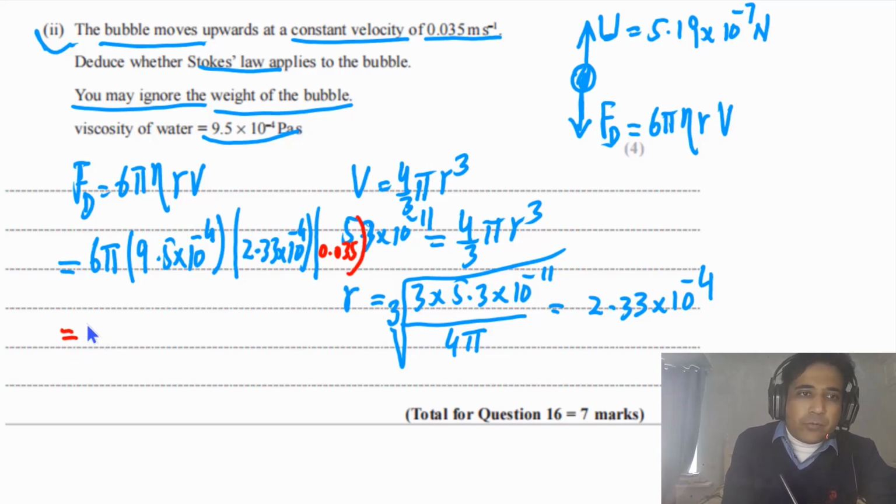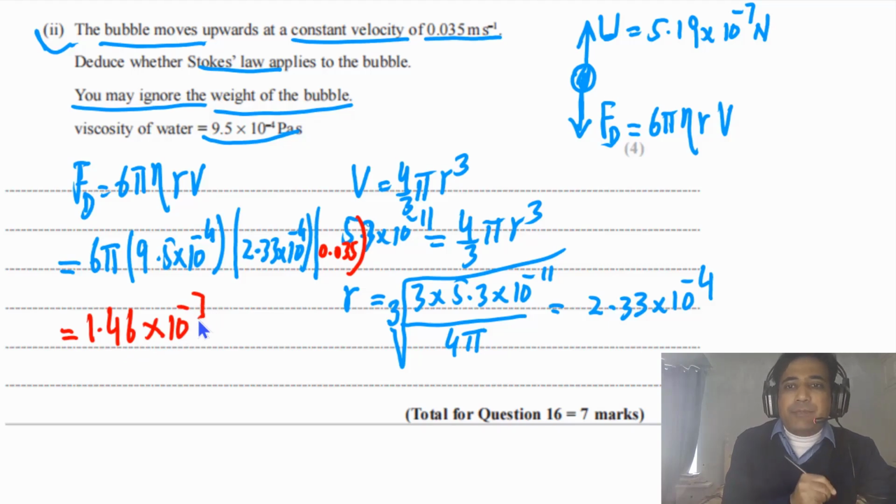If we simplify, we get 1.46 times 10 to minus 7. So in this case, Fd is not equal to the upthrust.